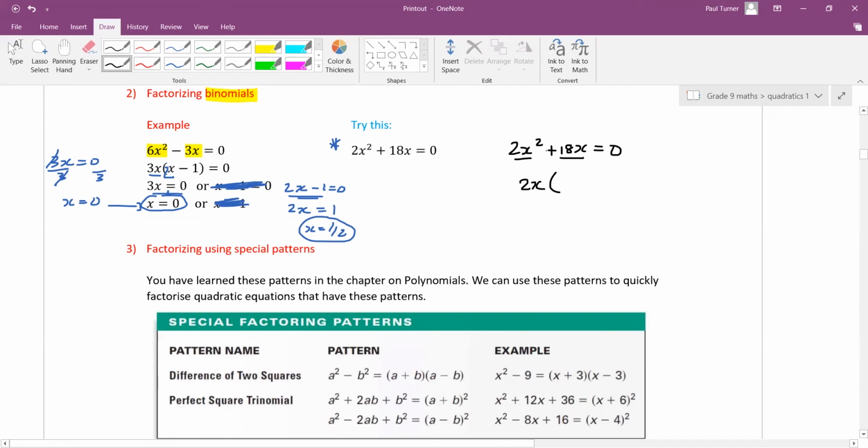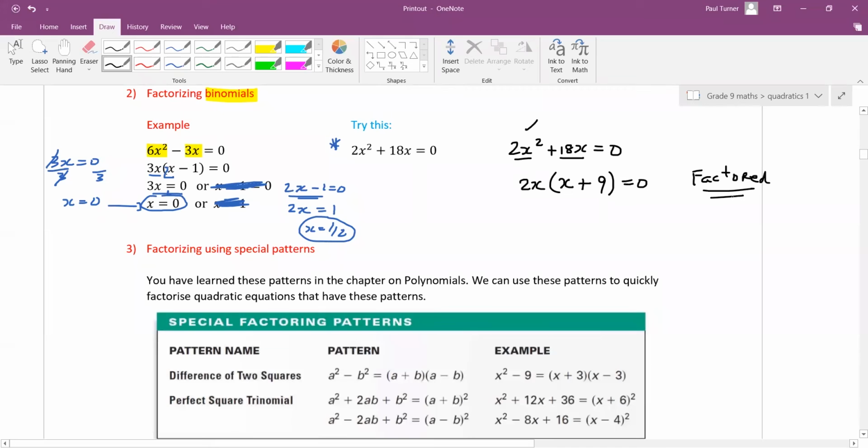So in the bracket, we would have x, because 2x times x is 2x squared. 2x times what is 18x? That must be 9. Got it? So 9 times 2x is 18x. x times 2x is 2x squared.